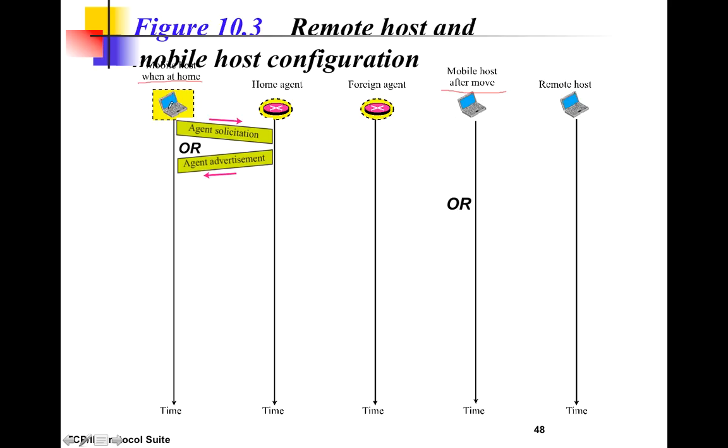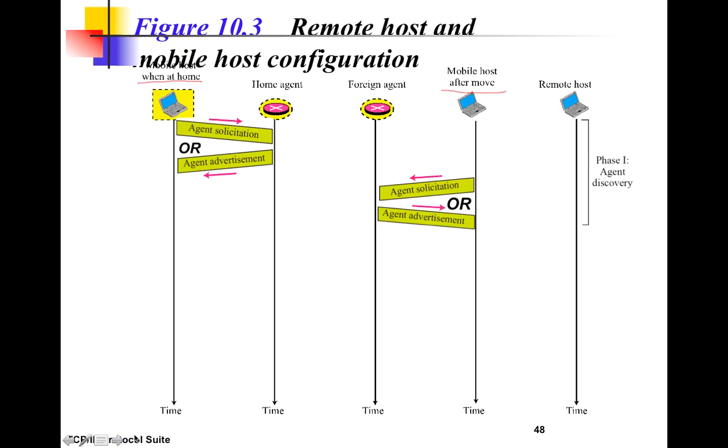So the mobile can know its home address either through agent solicitation or by listening to the agent advertisement. It is assigned a home address. When it is in the foreign network, again, it can find out about the foreign agent through agent solicitation or by receiving the agent advertisement.